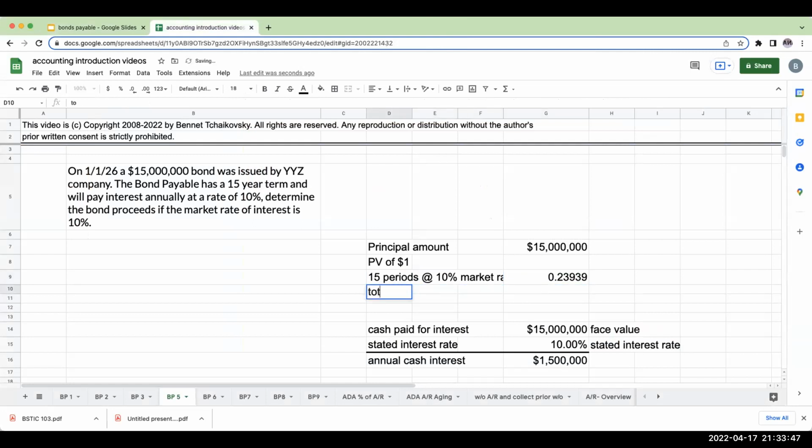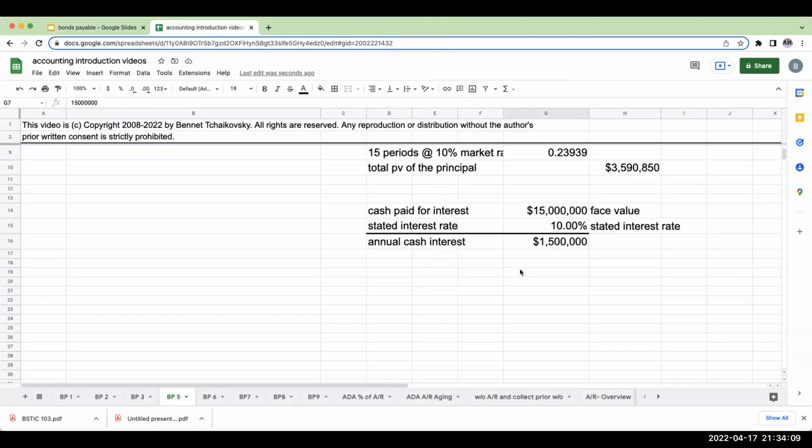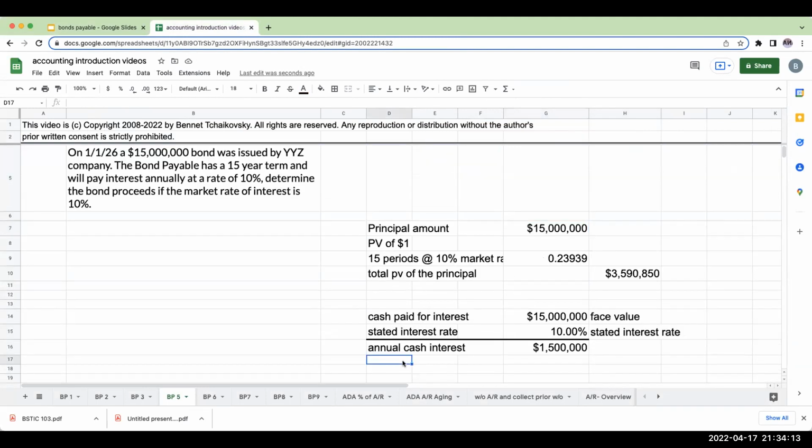So the total present value of the principal is going to be 15 million times 0.23939, or 3,590,850. If I took this amount and reinvested it every year, earning 10%, and got interest on interest, it'd be worth 15 million in 15 years. Again, watch the prior videos if this part does not make sense. All we're really doing is putting this together.